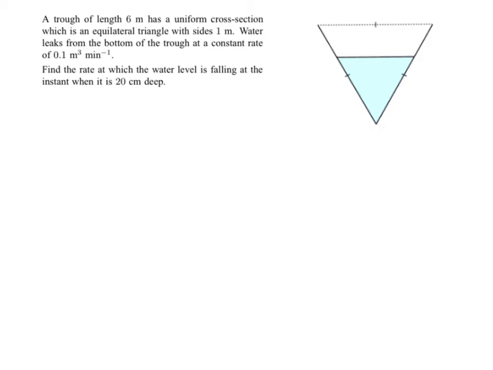So immediately we label the sides 1 meter, and water leaks from the bottom of the trough. Well, this information would be useful later, I suppose. And then find the rate of the water level falling at the instant that it is. This is a particular case, so we want to solve for the general case first.